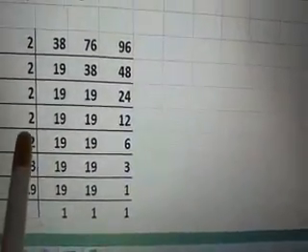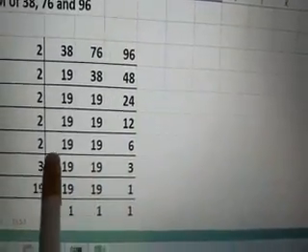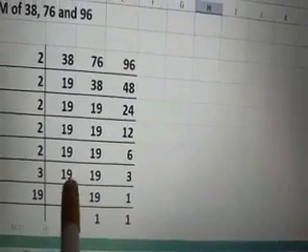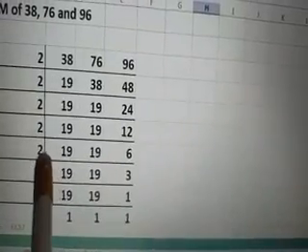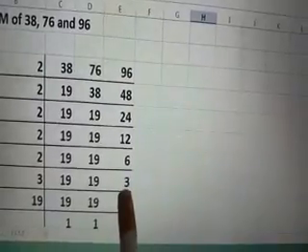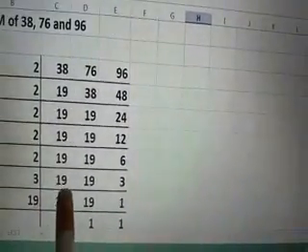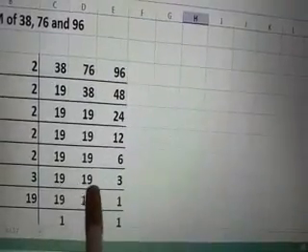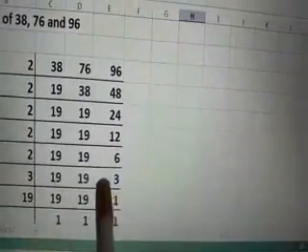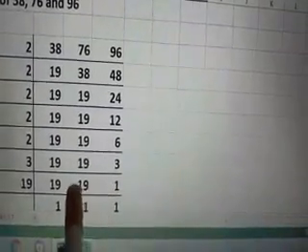Again 12 is an even number, will divide by 2 and will get 6 as quotient. 19 will bring down as it is. Again we see even number can be divided by 2. 19 will write as it is, and 6 divided by 2 is 3. Again we see the next prime number is 3. 19 will write as it is, cannot be divisible by 3, and 3 divided by 3 will write 1 as quotient here.